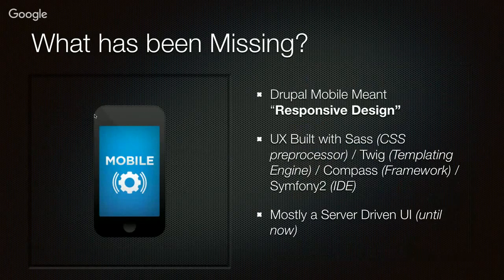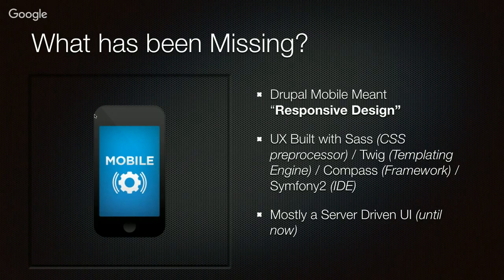So Drupal now means really mobile, where before they would use things like responsive design, which is a way of kind of taking an HTML page and rearranging it to cram it into a smaller window. But Drupal 8 has a lot of features to facilitate that.